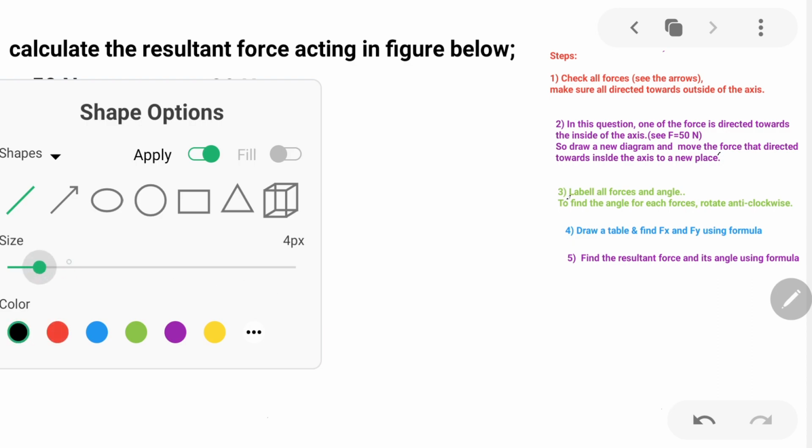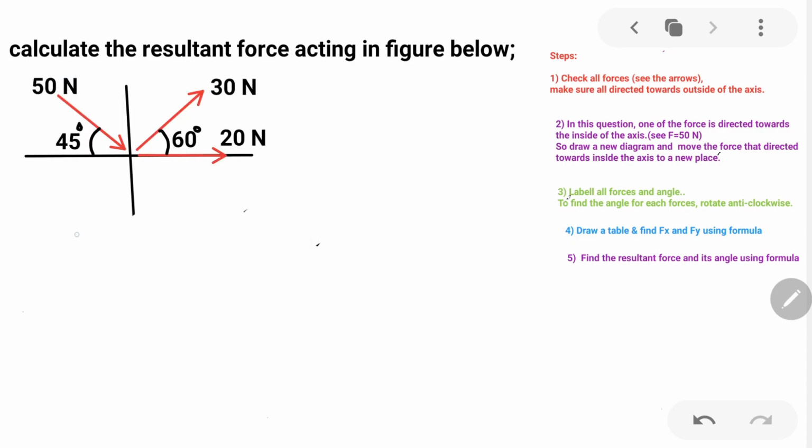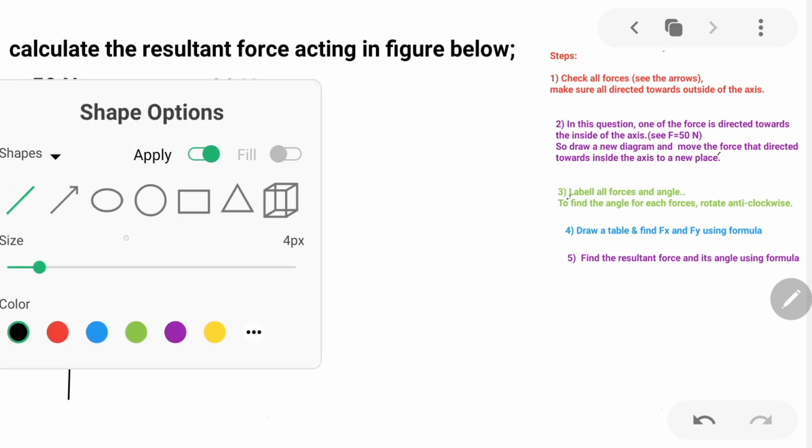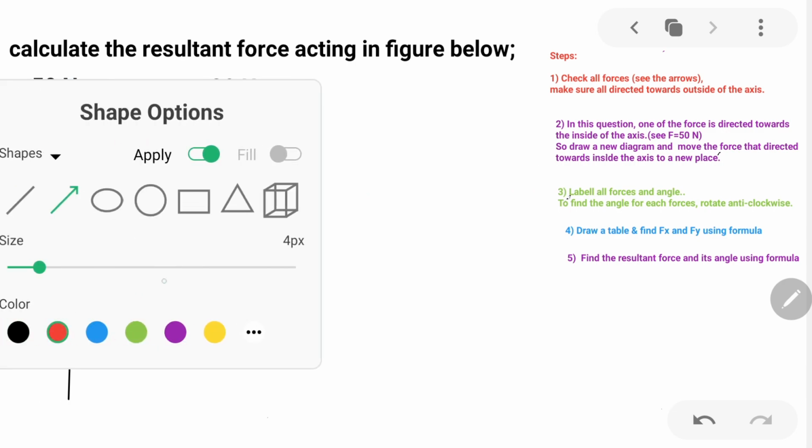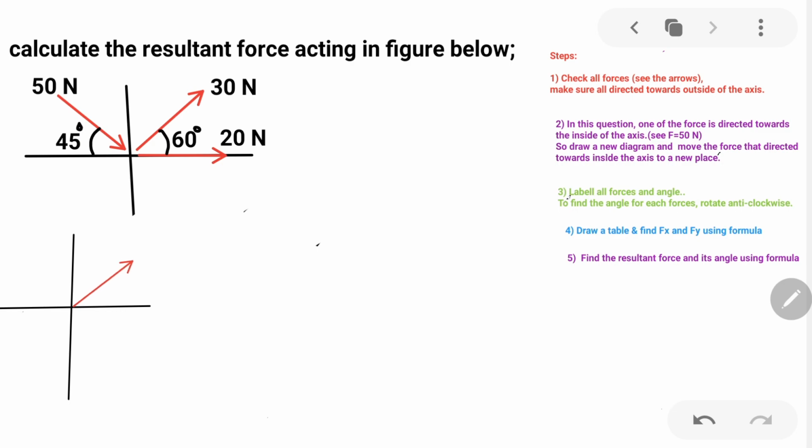Okay, so we will draw a new diagram here. So here we have 30 Newton, 20 Newton, and a new place for force 50 Newton.